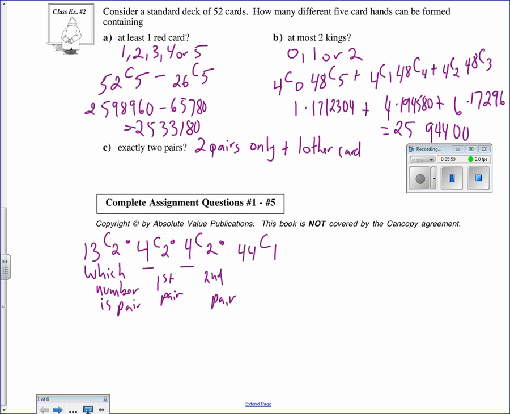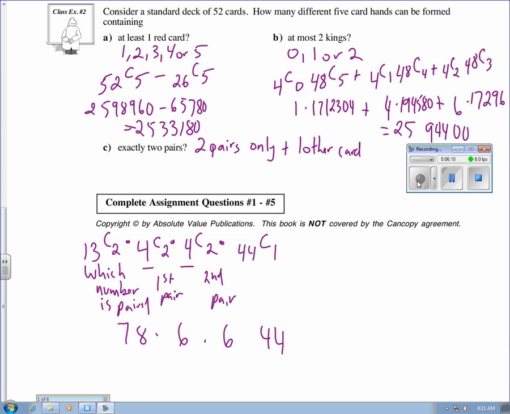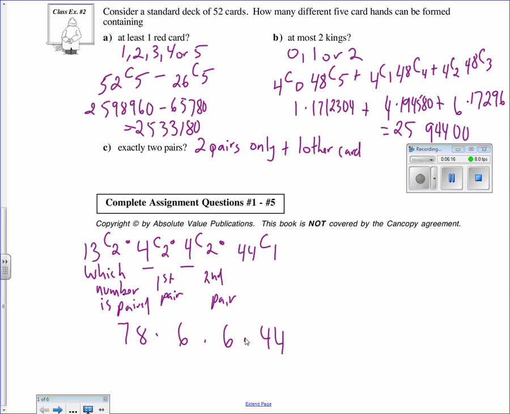And then I'm left with 44 cards from which I have to choose one. So working those numbers out separately and then multiplying them. So my individual numbers are 78 times 6 times 6 times 44, which is 123,552.